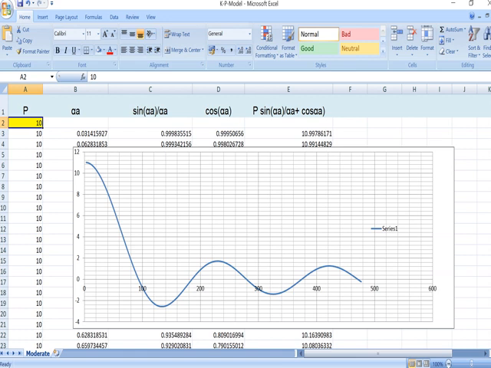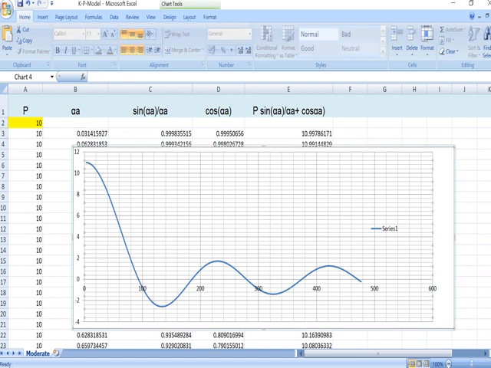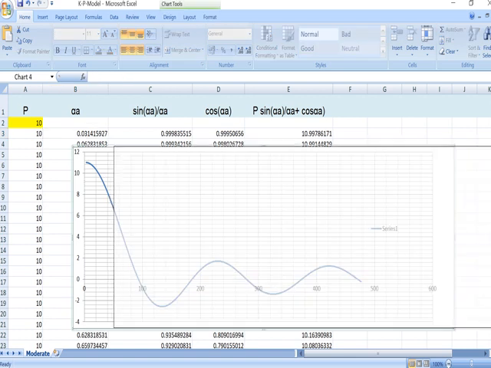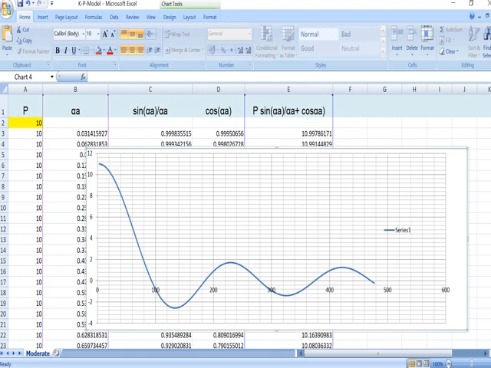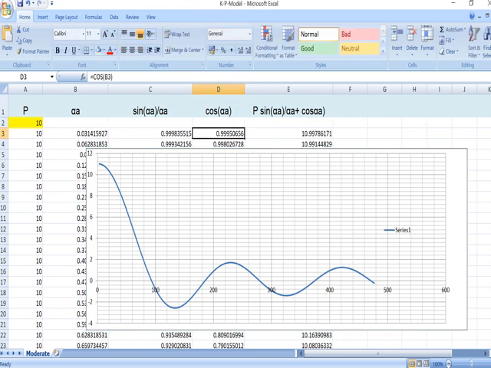Then there is a column alpha a in small increments, and from that sin(alpha a)/alpha a is computed, cos(alpha a) is computed, and the left hand side, that is P sin(alpha a)/alpha a plus cos(alpha a), which is the left hand side of the Kronig-Penney equation, has been computed.